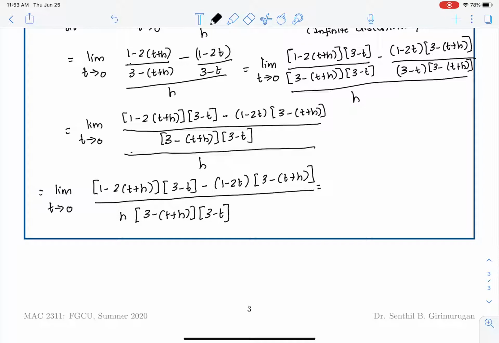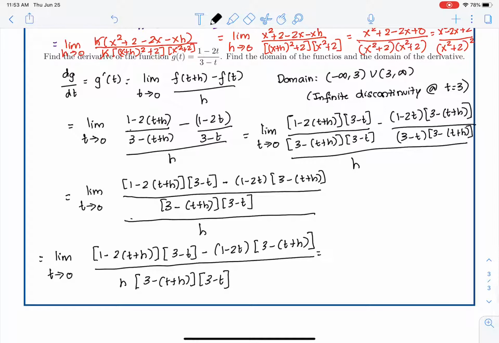Distribute and simplify. Oh, I made a mistake. It is not t approaches 0. I am sorry. It has to be h approaches 0. It was not blatant. I didn't think twice there.